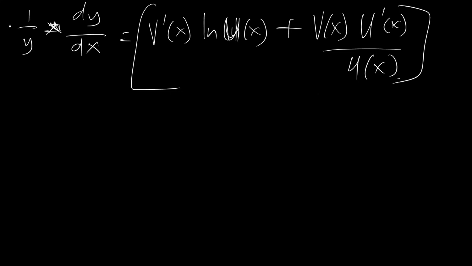Now multiplying both sides by y, this y will cancel this y.